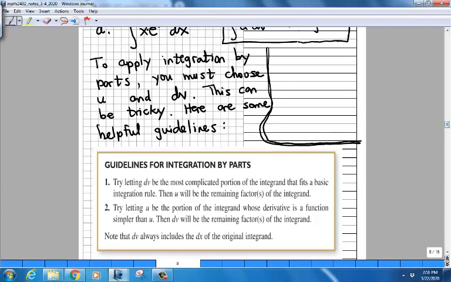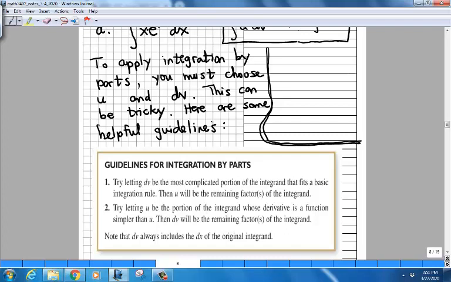These are just taken right from the book. Actually, I also have a different set of guidelines that I'm going to show you in a later problem. So we actually have a couple of different techniques that we can use to decide what we're going to call u and what we're going to call dv. Here's what the book says, though. Let dv be the part of the integrand that is easy to integrate.